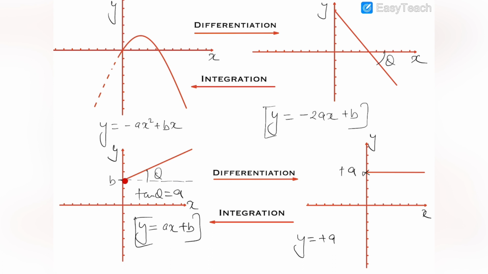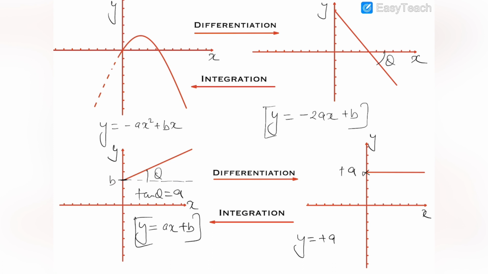And if this straight line was starting from the origin, then this b would be 0, but its derivative would be the same. So for a straight line, it does not matter whether it is starting from b or from some other point or from the origin. It is definite that its derivative would be a positive constant if it is going up.